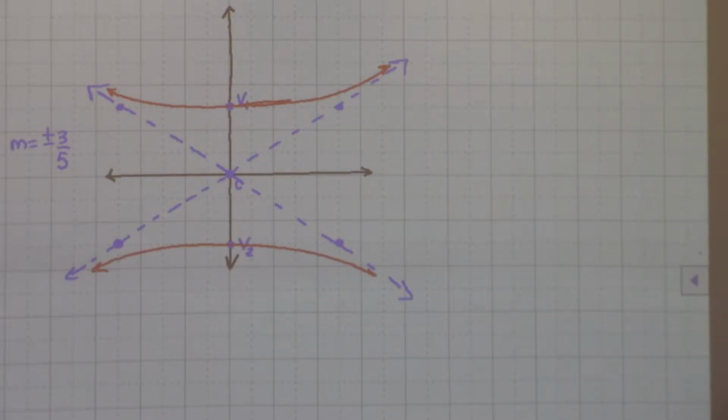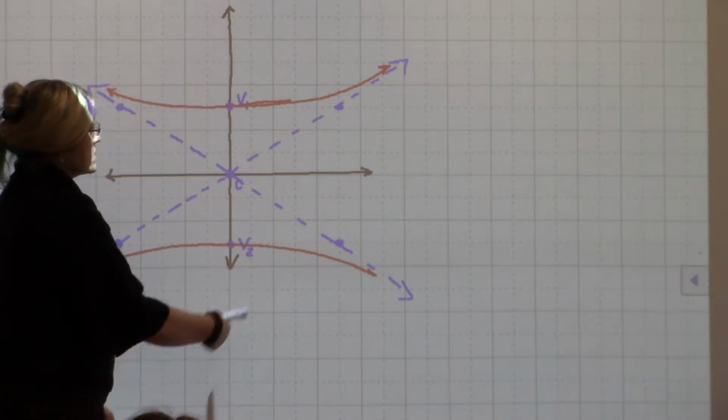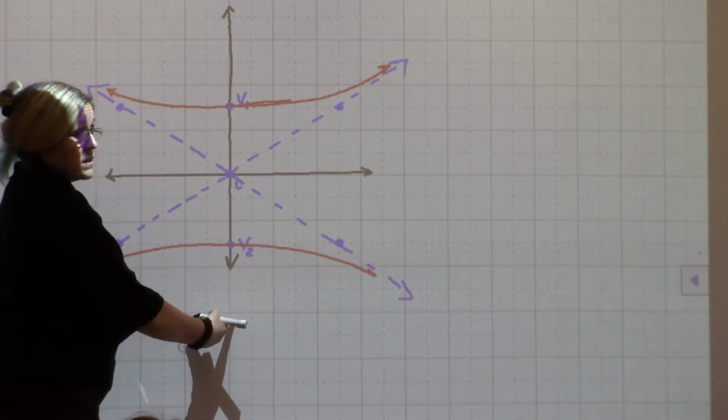The only thing we have left to do is put in the foci. The foci are going to be oriented the same direction as the hyperbola. And the hyperbola is oriented which way? Vertically. So shouldn't the foci be somewhere here and here?